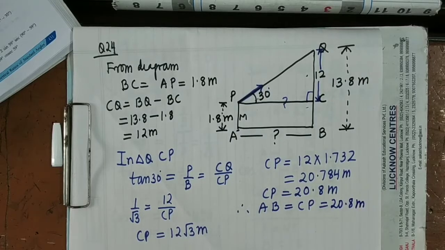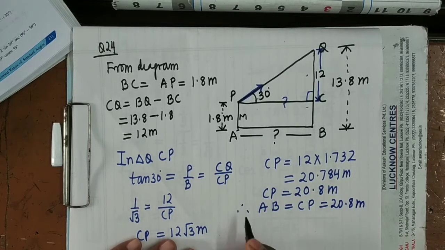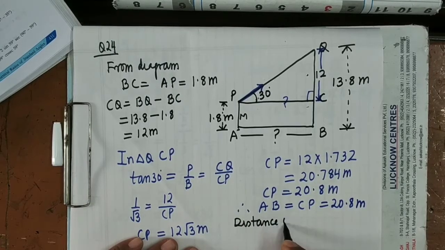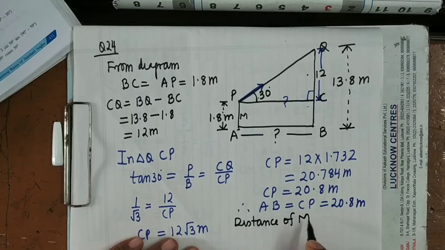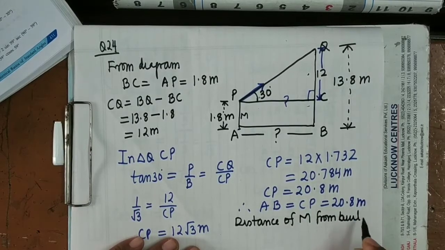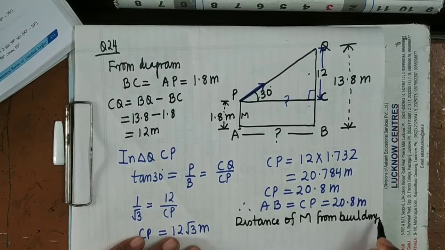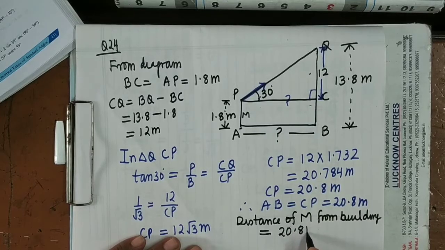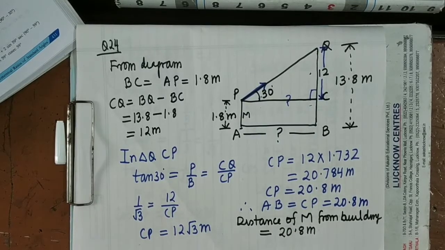It's clear. So what is the distance of the man from the building? Distance of the man from the building will be equal to 20.8 meter.